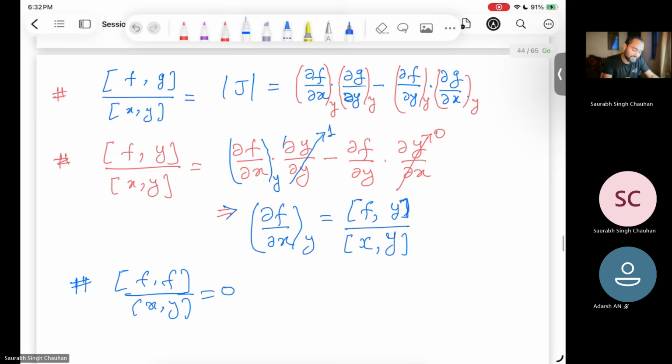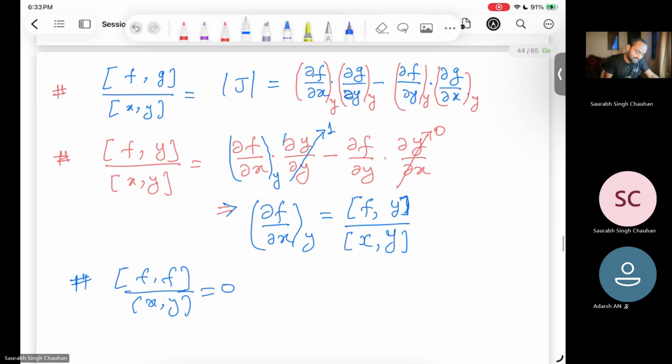How? Because you know the definition of Jacobian, so you can express all your partial derivatives in terms of Jacobians. As simple as that. And if you feel difficulty in Jacobian, then you can always write in terms of partial derivative.